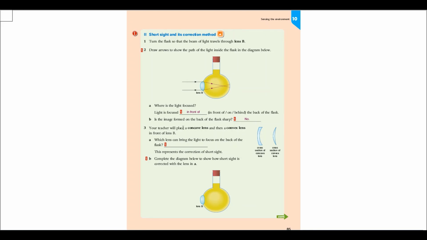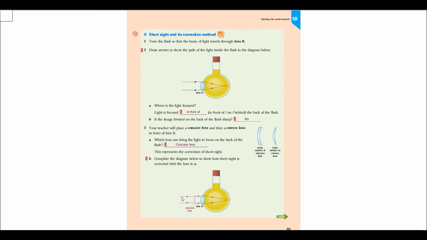And you place a concave or a convex lens in front of lens B, alright? Which lens? From the video, you should know that the concave lens should be okay. Completing the diagram, it would be like this, a little bit complicated. But the function of a concave lens is to make the light go in the opposite direction, alright?